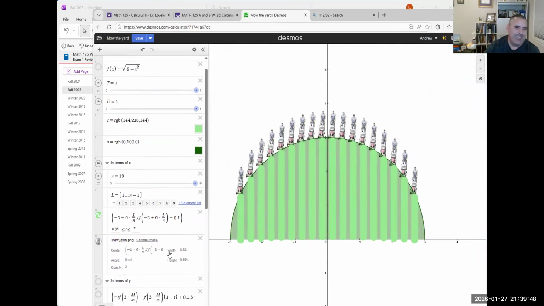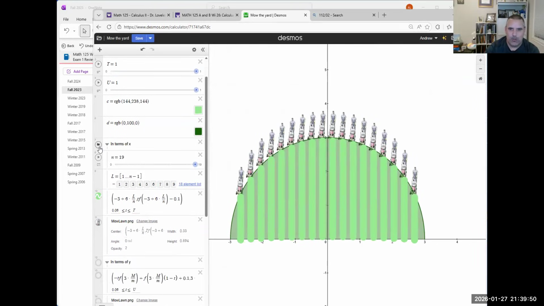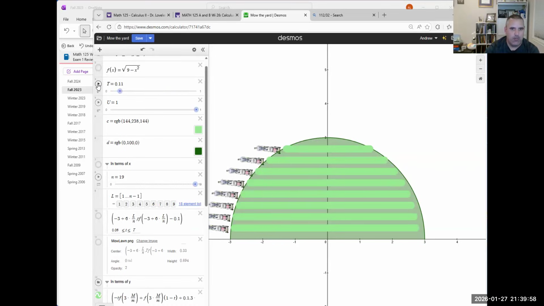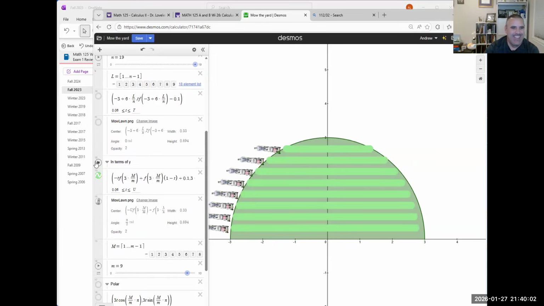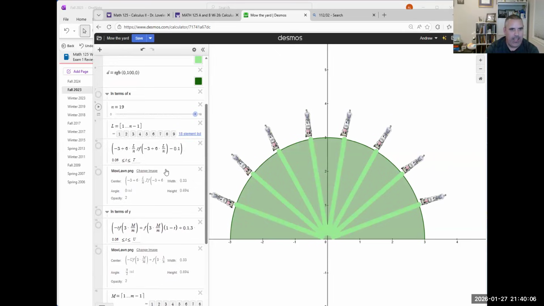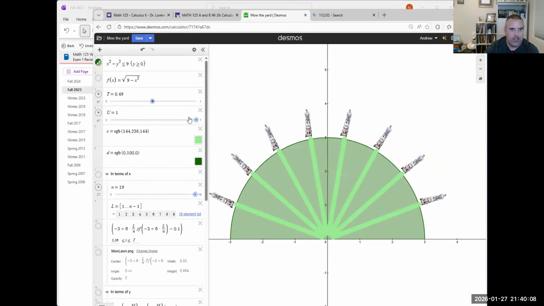This is for calculus 3. I could mow it in terms of y. I don't really like mowing it in terms of y, but I can. That's what we're doing. We're finding a pattern. We're just drawing one because we don't want to mow the whole lawn. And the last one in next term is polar, but we don't do that. But baseball fields do this all the time where they mow it radially.